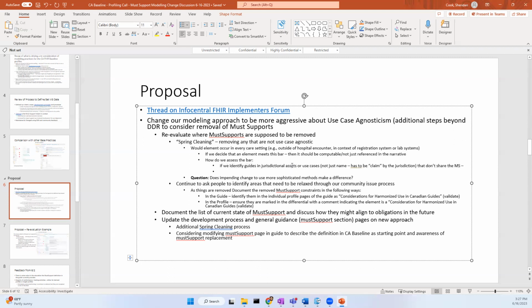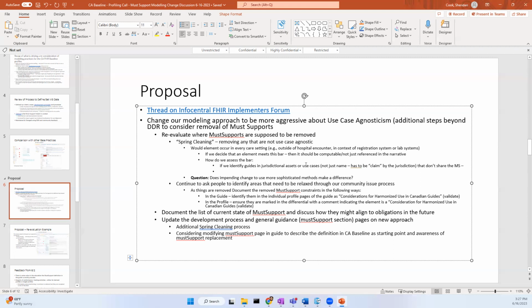For your spring cleaning process, you look for the ones that have been adopted by jurisdictions and use that as the bar to say it should or shouldn't be. And then going forward, use the community issue process. So if somebody comes up with something that we don't have an adopted standard anywhere using it, it can be brought later and then fixed in. Do you think that would cover it?